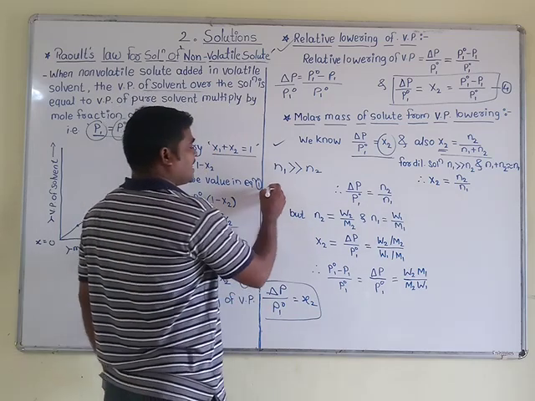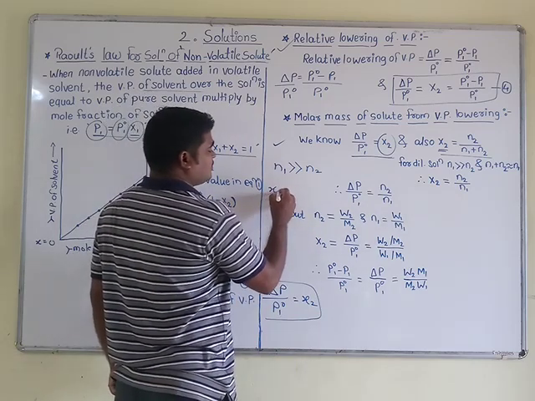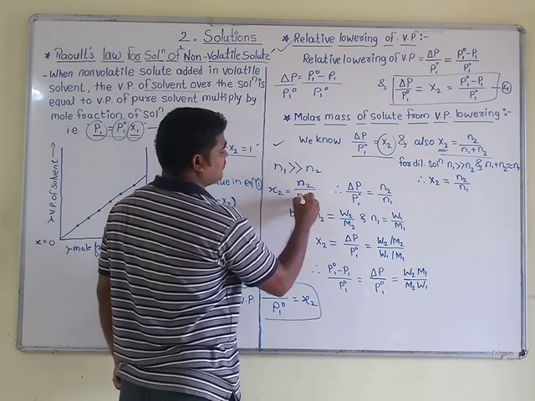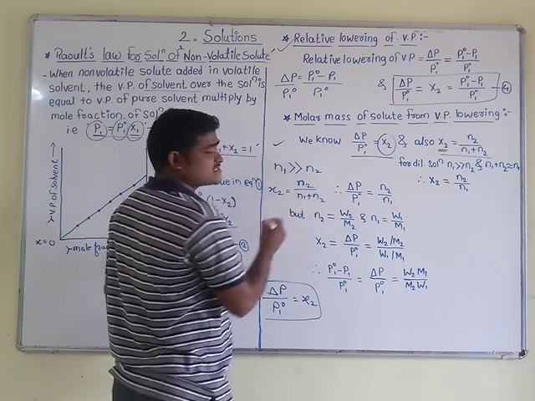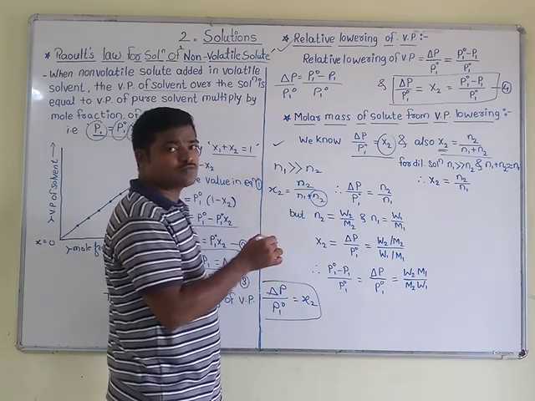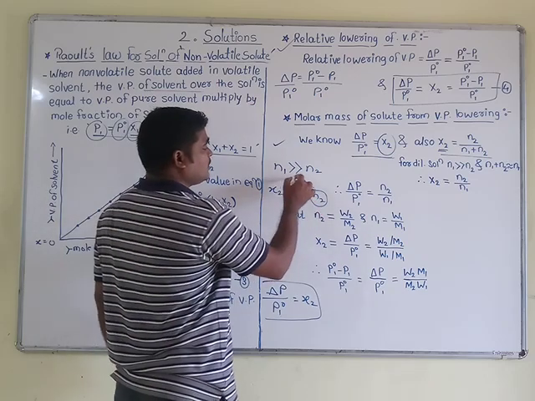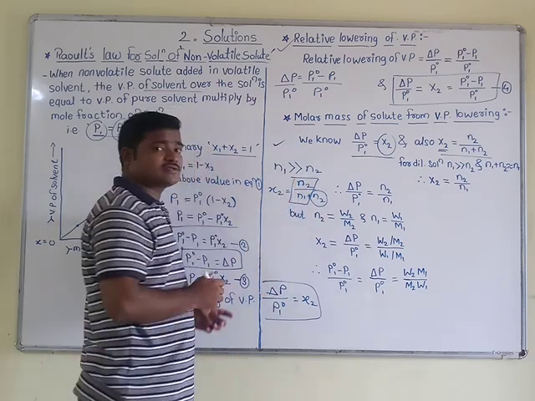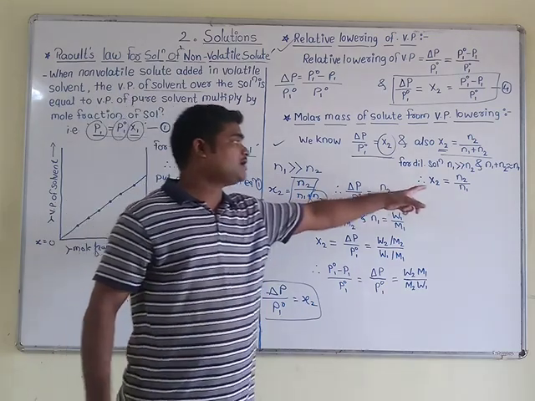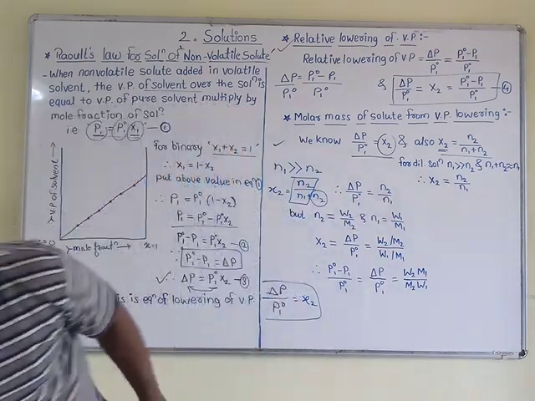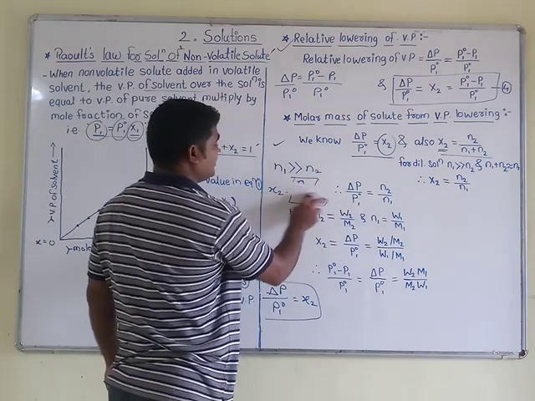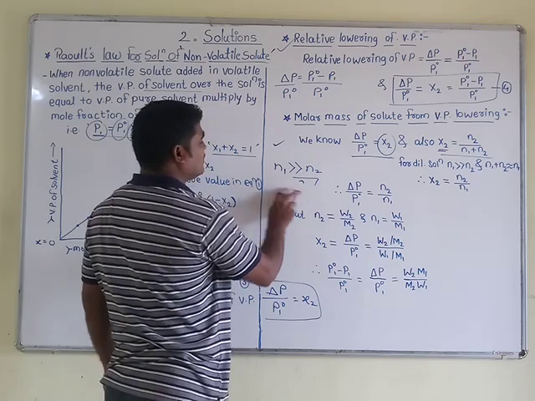As we know, the mole fraction X2 is written as N2 upon N1 plus N2. Since the value of N2 is small for dilute solutions, only these two terms remain in the equation, that is N2 upon N1, so X2 is equal to N2 divided by N1.